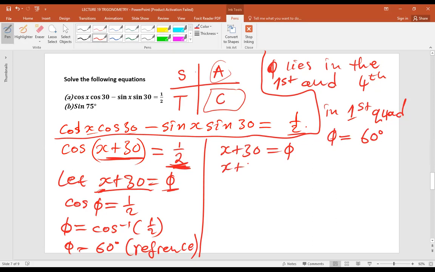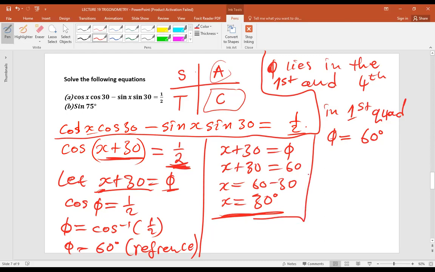So x plus 30 is equal to 60. We take this 30 to the other side of the equal sign, meaning x is equal to 60 minus 30, and the value of x becomes 30 degrees. So the first value of x that they wanted us to find is simply 30 degrees.